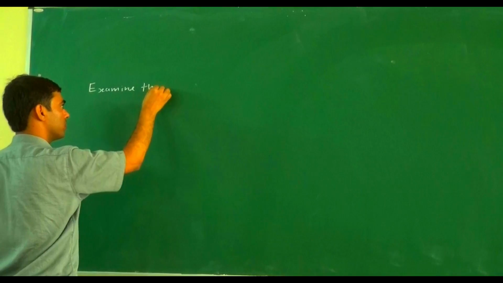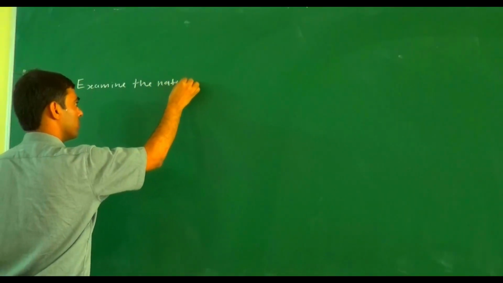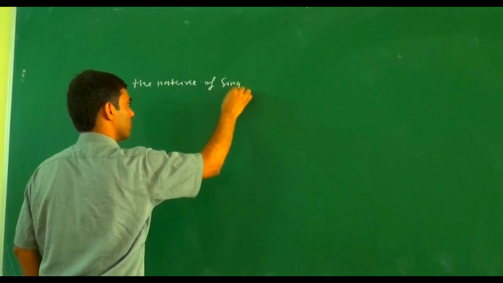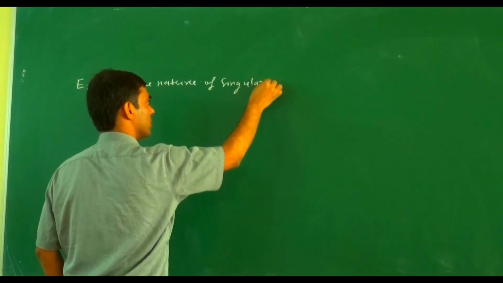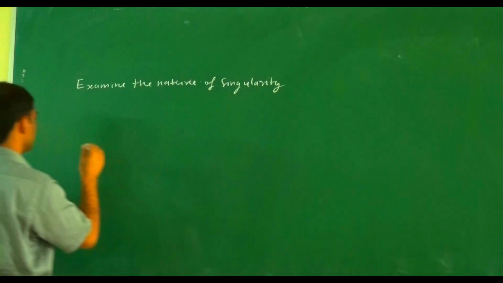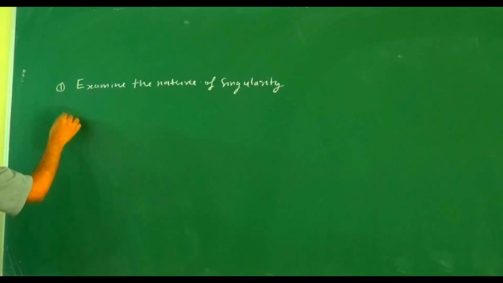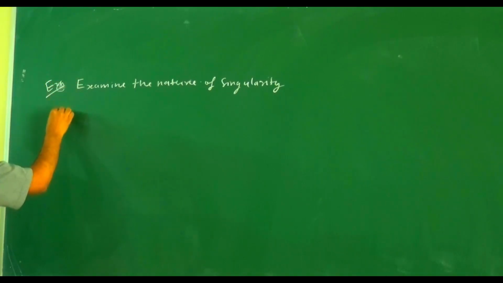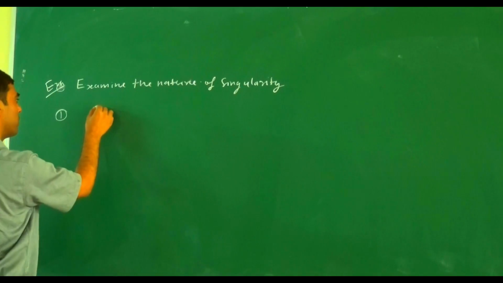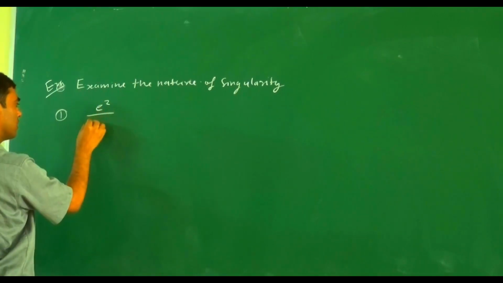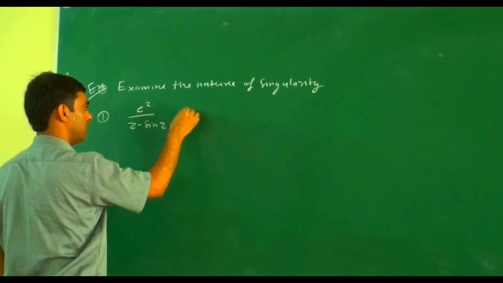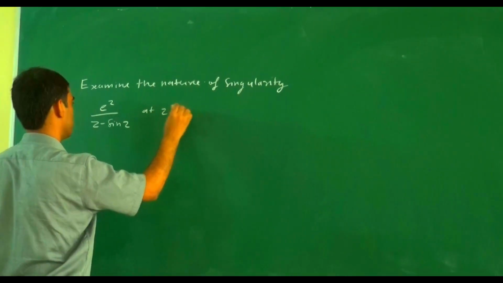The first question is e to power z upon z minus sin z at z equals 0.